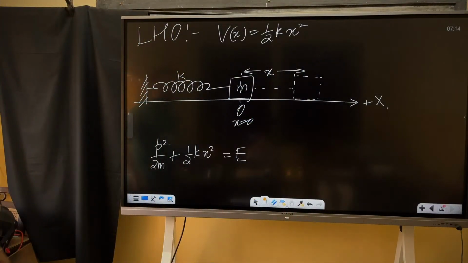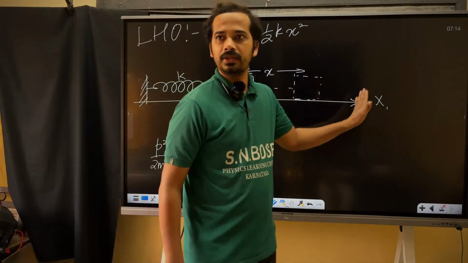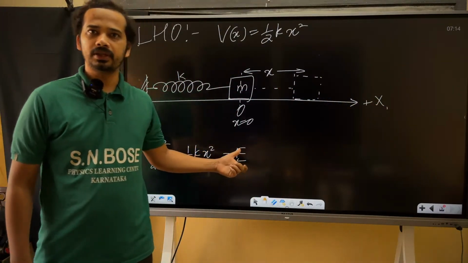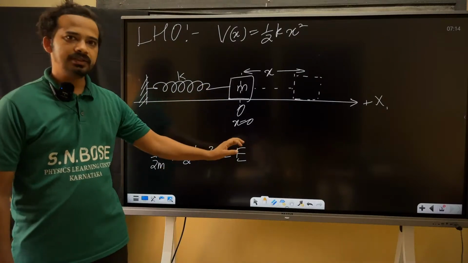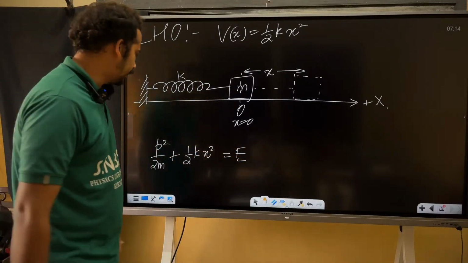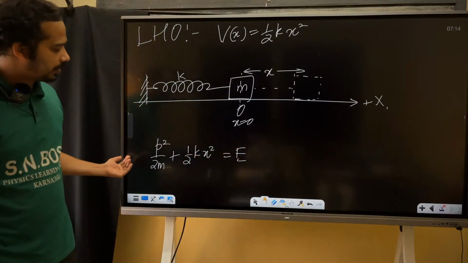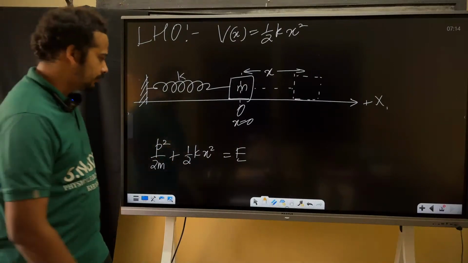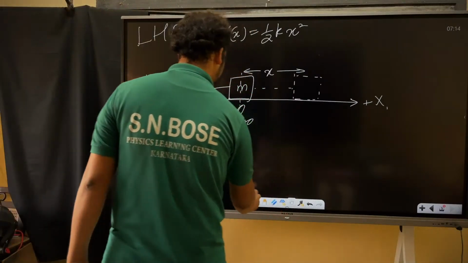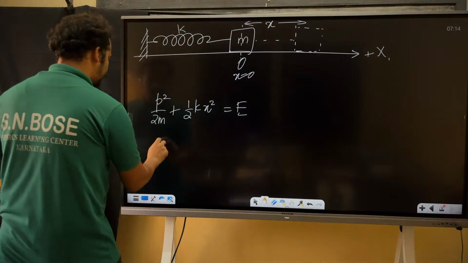So suppose it is frictionless, then this energy is constant. If there is friction, that energy keeps on decreasing. We'll see this one. Now this expression itself has the p and x relation, so you have to manipulate it.